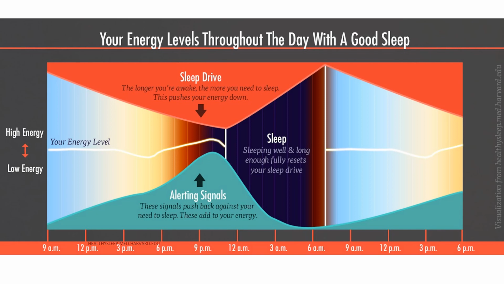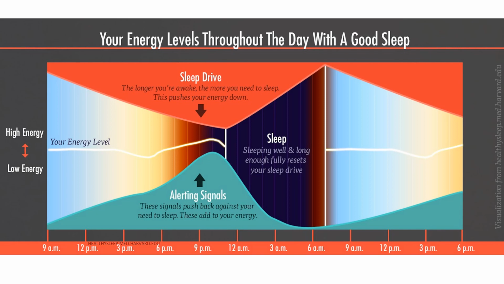And as you can see, in the evening while we're sleeping, those adenosine levels dip and our sleep drive gradually decreases as we get a restful sleep. At the bottom, we have alerting signals. Those are the signals that are pushing up against the sleep drive that's gradually building up through our day and keeps us awake until it's time to actually sleep.